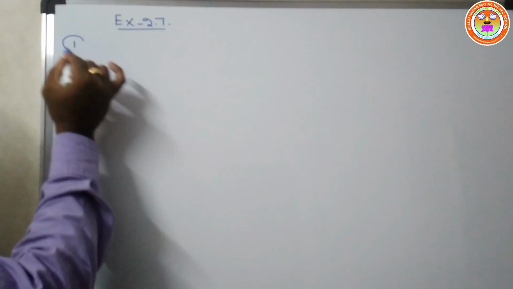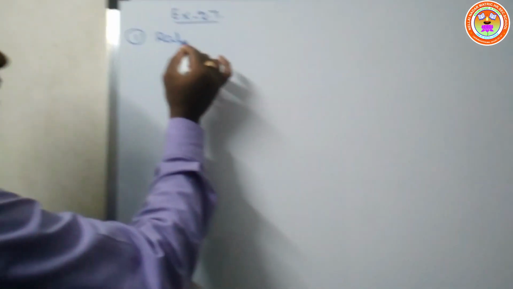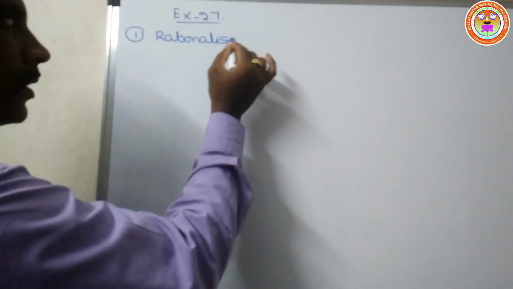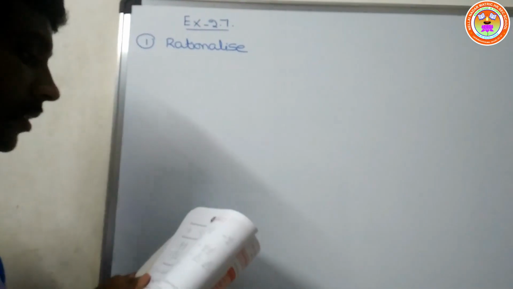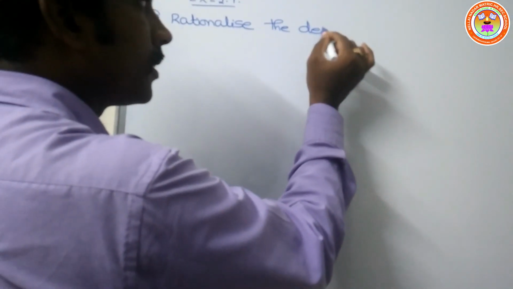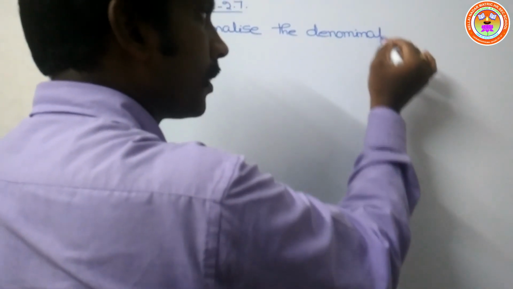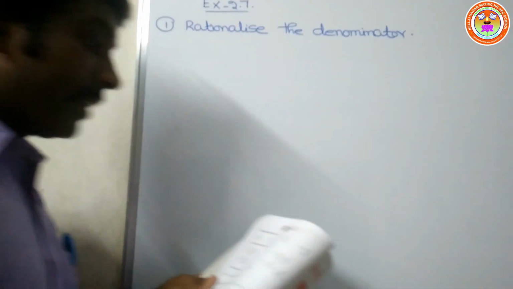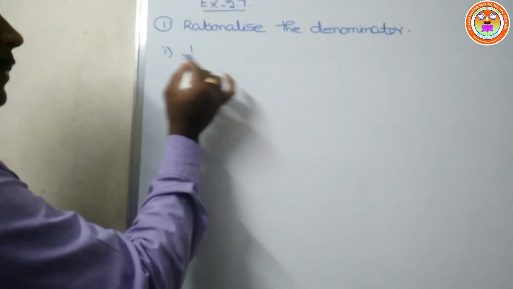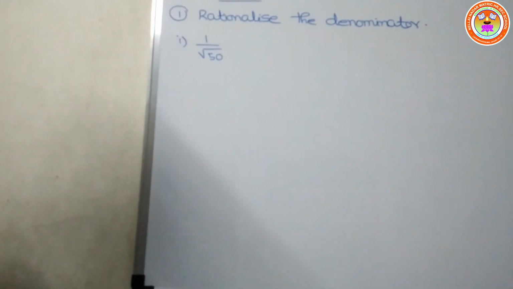First one, rationalize the denominator. The first question is 1 by square root of 50.